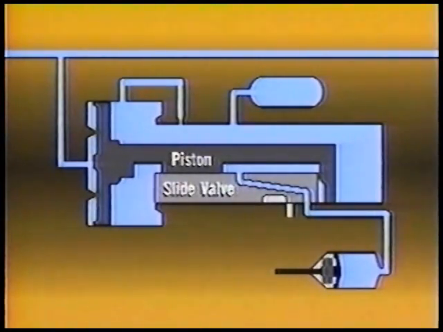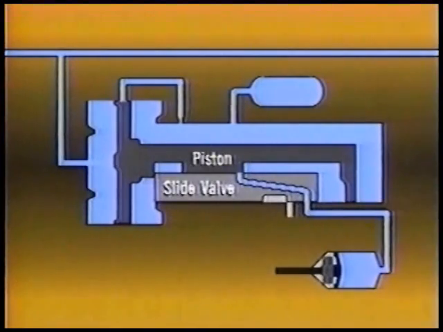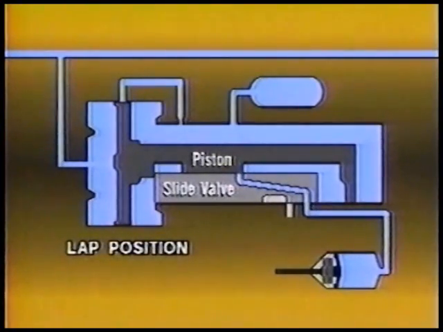The greater pressure on the left side of the piston forces it to move to the right, terminating the connection between the auxiliary reservoir and the brake cylinder. This is called the lap position. While in the lap position, the auxiliary reservoir isn't permitted to charge any further.